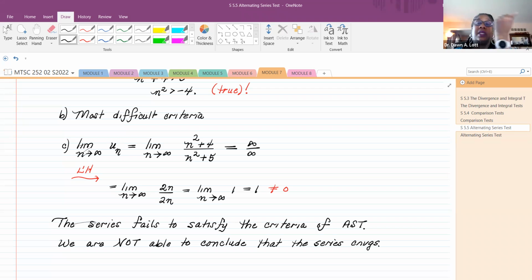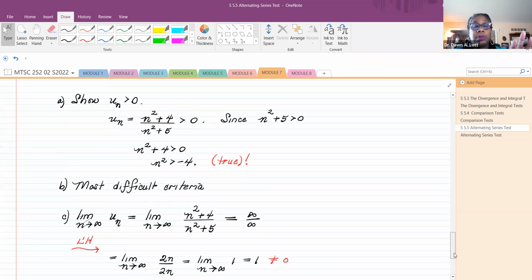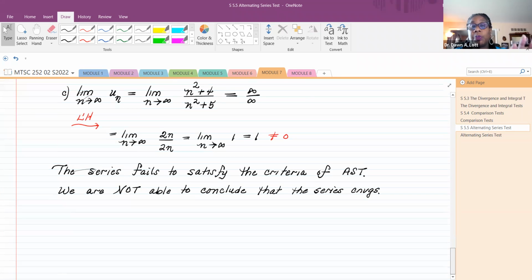If this happens, then that happens. You can't read backwards. So if all 3 are satisfied, the series converges. That's the only conclusion I can make. So notice I don't need to go back and prove part B because I already know that part C fails. Okay. All right, one more.